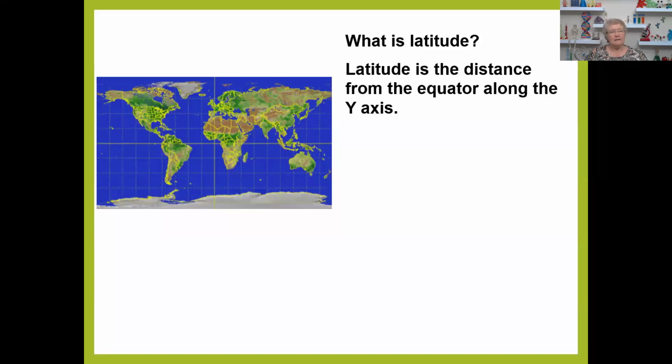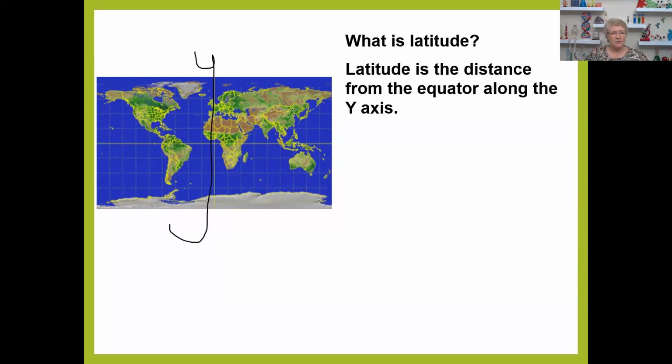All right. Latitude, that is latitude. Think of the ladder. That's the distance from the equator along that y-axis, the one that goes up and down. Remember, we have a y-axis. We draw this long y like that, and that's our y-axis.